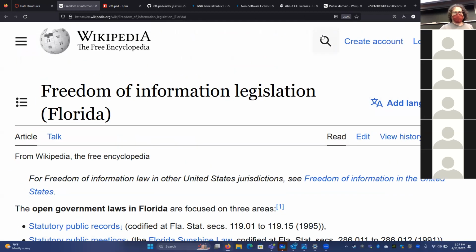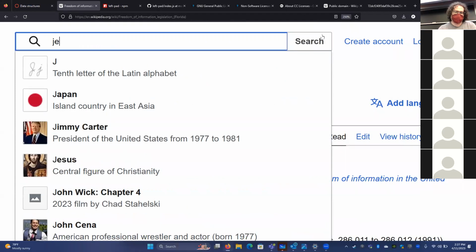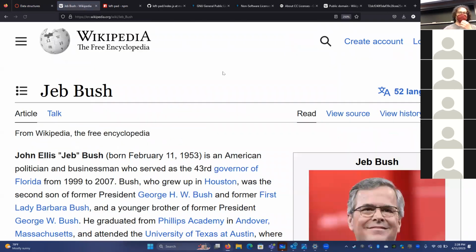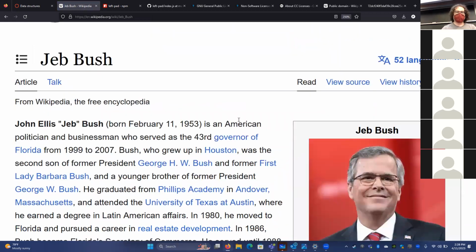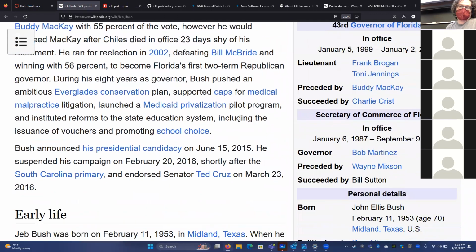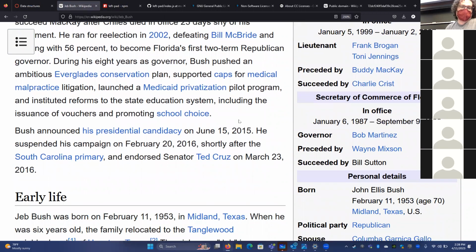So today we're going to be talking about the 2016 election and specifically the candidate Jeb Bush, who was the governor of Florida from 1999 to 2007. He ran an unsuccessful campaign for the Republican primary in the 2016 season.